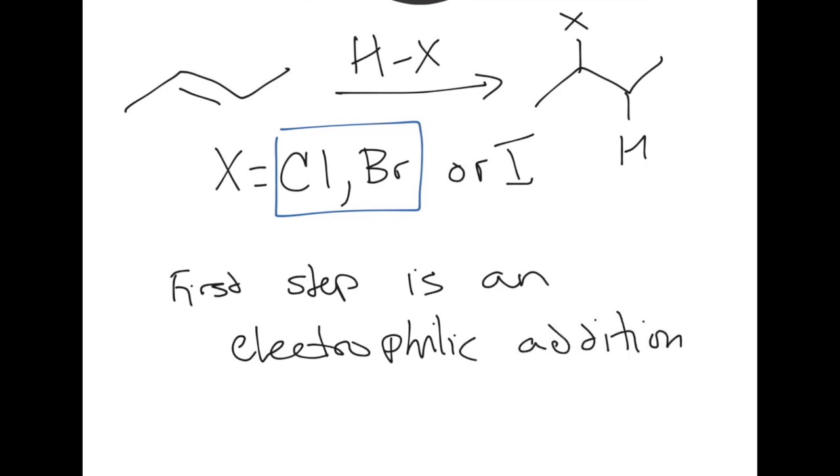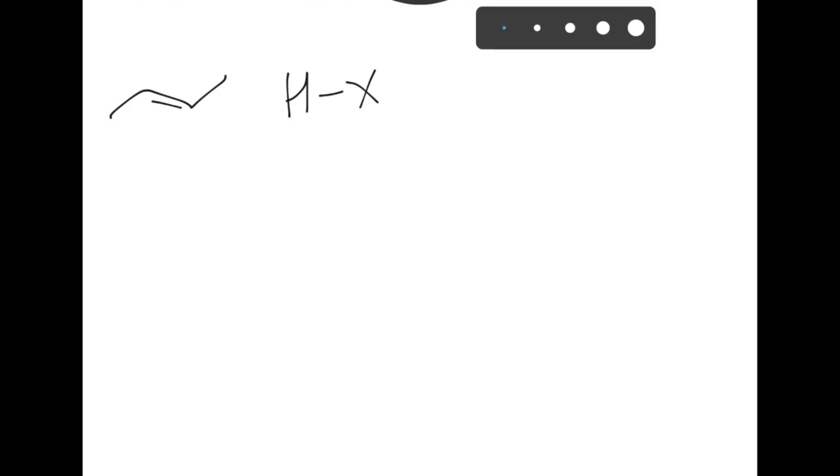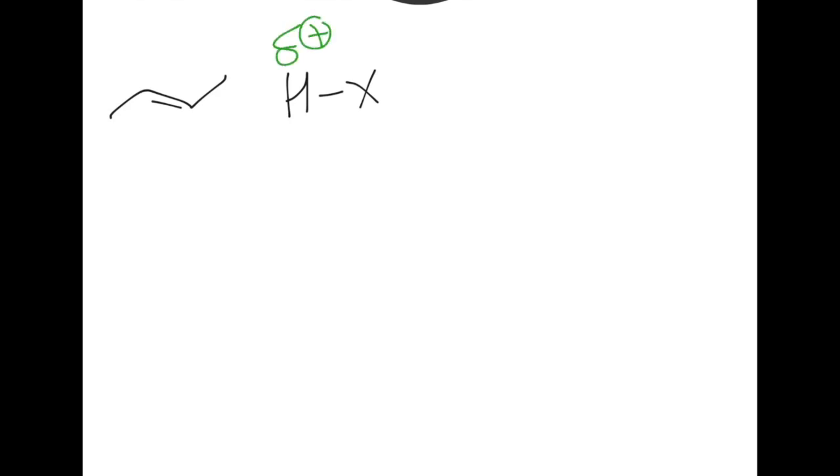I'm adding my double bond to an electrophile. Take HX: hydrogen is slightly positive, halogen is slightly negative.